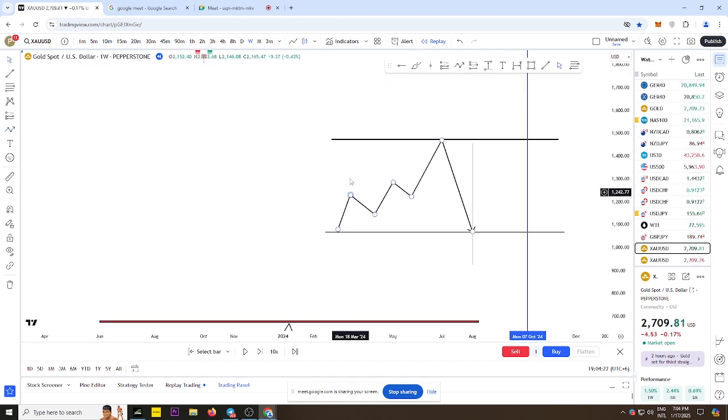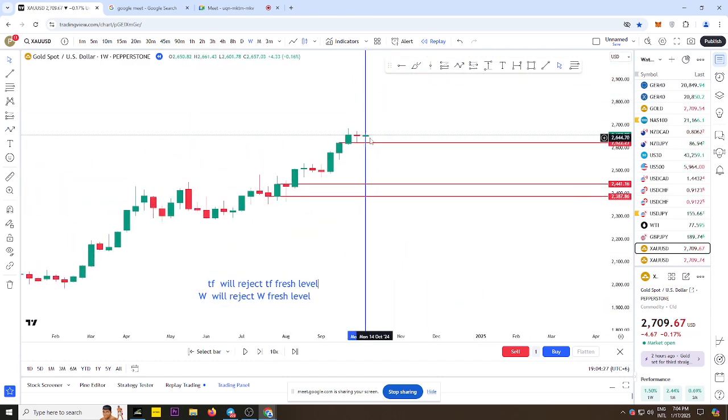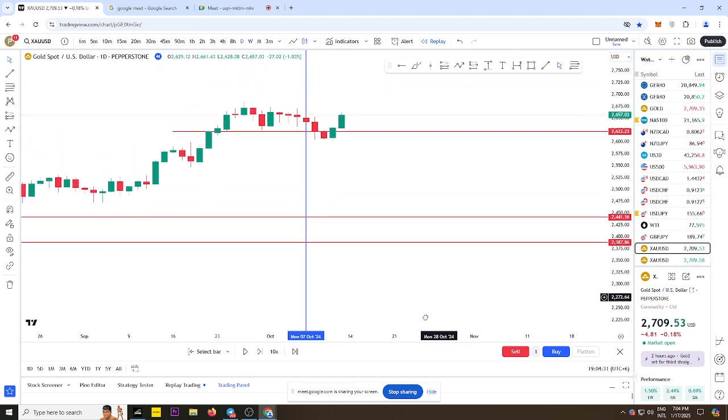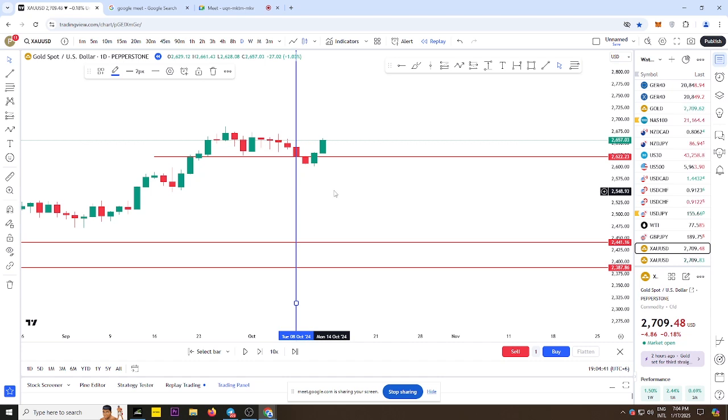Okay, so let us go to the example here. You marked it, go to the daily, first level. If you look here, Monday, Tuesday, Wednesday, Thursday, Friday. It was marked automatically on Monday, but the rejection happened on Tuesday. What we are going to look for is anything before the vertical line and where the recent A level is.